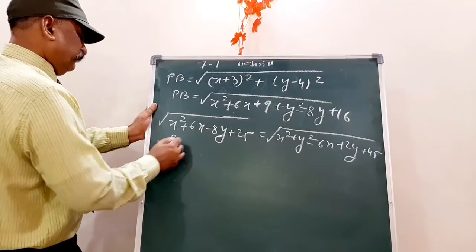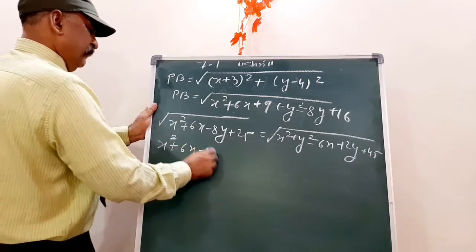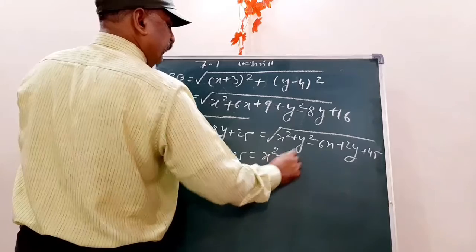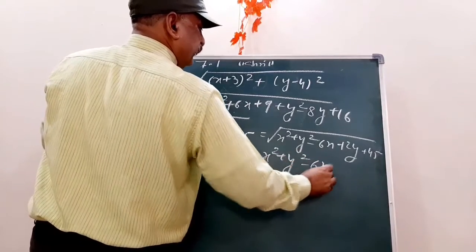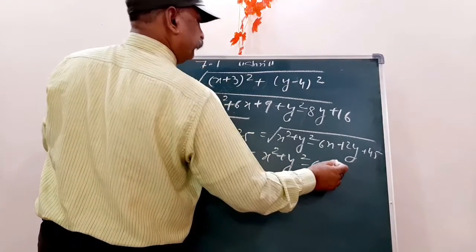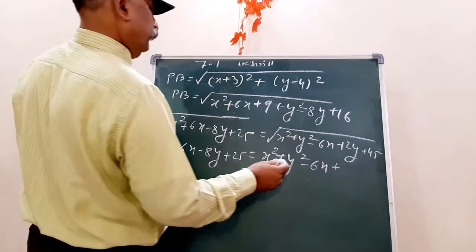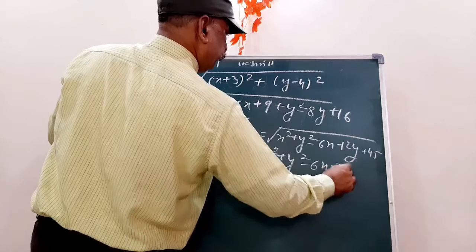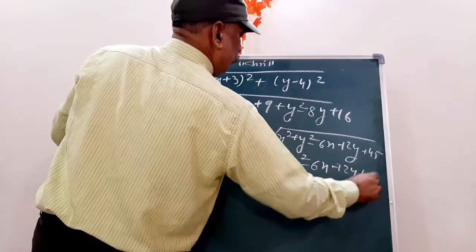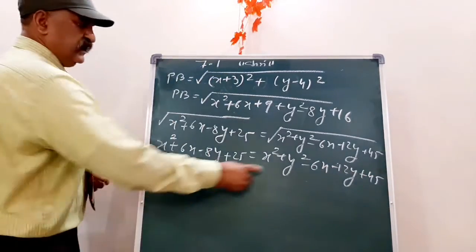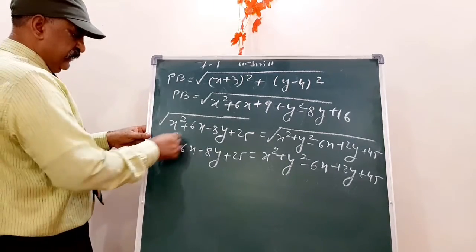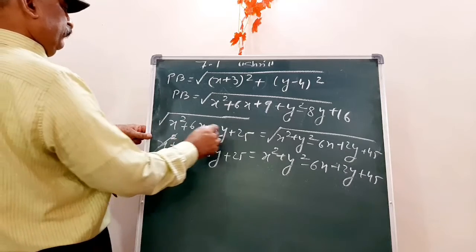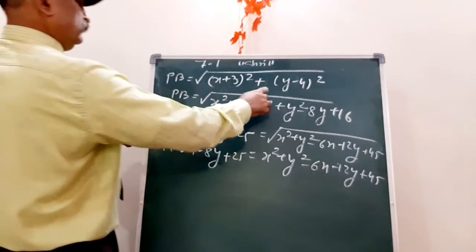So x square plus 6x minus 8y plus 25 is equal to x square plus y square minus 6x minus 12y plus 45. Transfer x square and y square to this side, it will cancel. It is y square also.